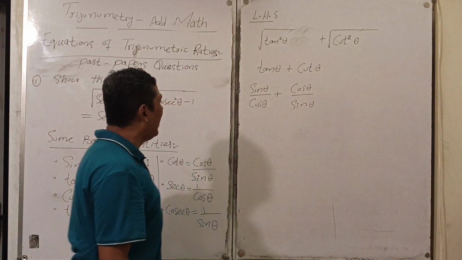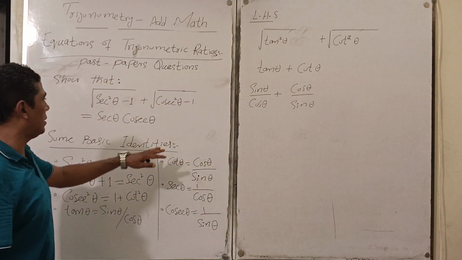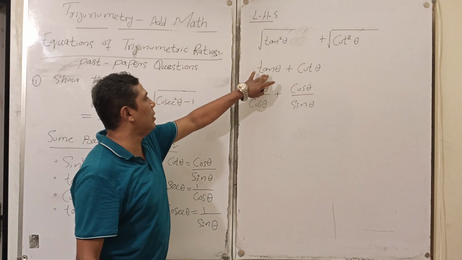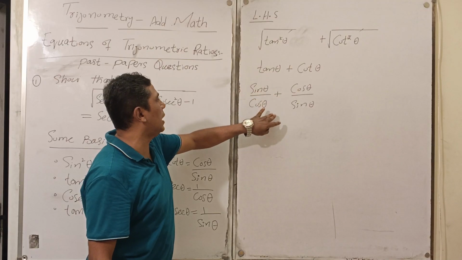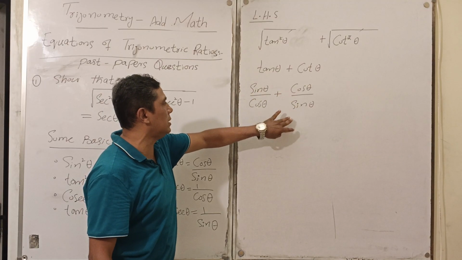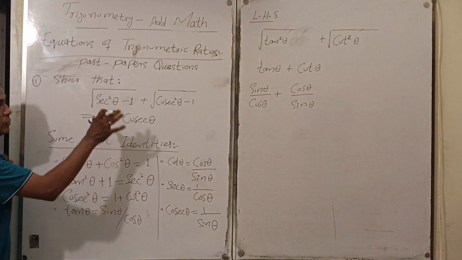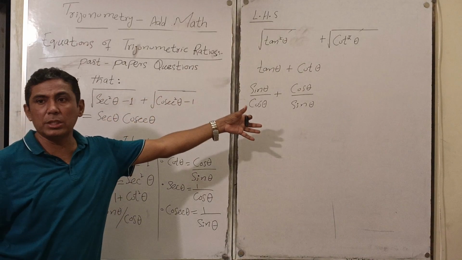Why did I convert? Because I need sec and cosec. If I do not convert into sine and cos, we cannot reach sec and cosec theta. That's why we need to convert into these basic ratios.